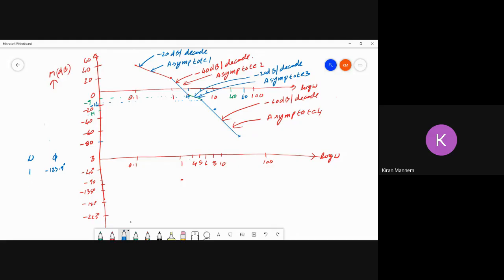At omega equal to 4, it is minus 140.8 degrees. Sorry, I think it is 140, not 40. It never goes up, so it is minus 140. At omega equal to 6, minus 204.2 degrees, and at 8, it is minus 226.4.